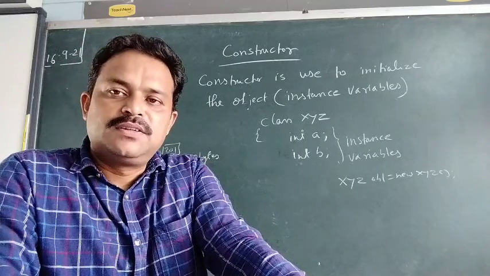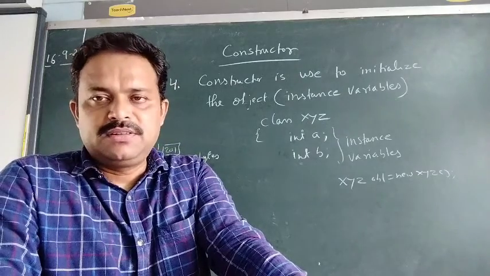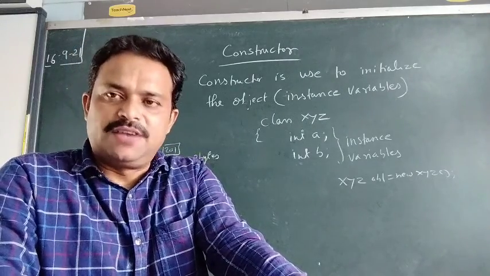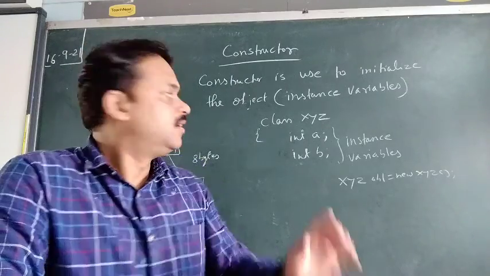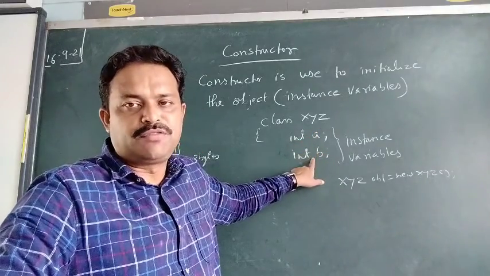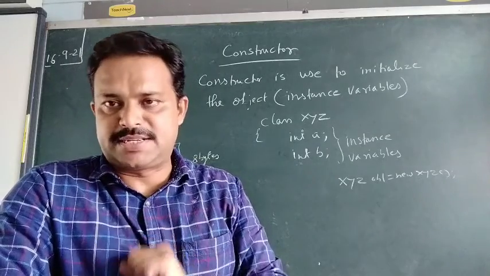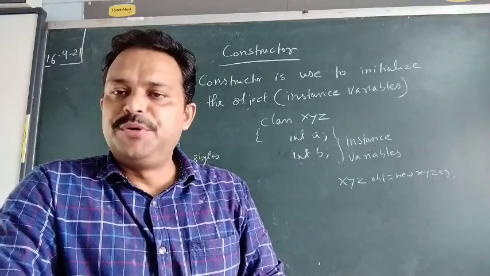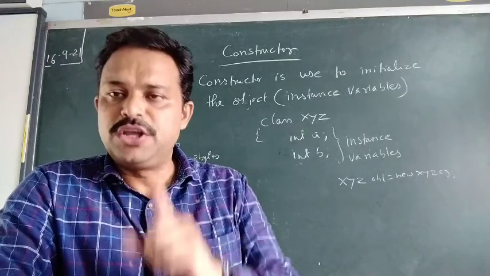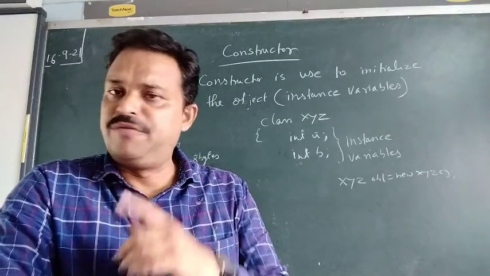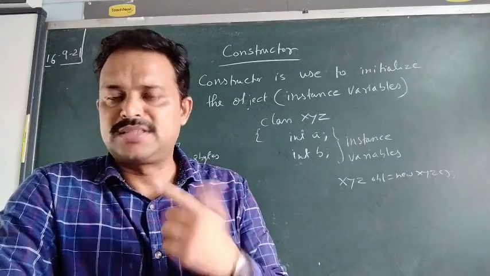So the answer is that when we do not make the constructor, the computer itself calls a constructor to store the default value, and if you are making your own constructor in the program, then the computer will give preference to your constructor. The system will invoke your own constructor, and if you are not making any constructor in the program, then the computer will call its own constructor.